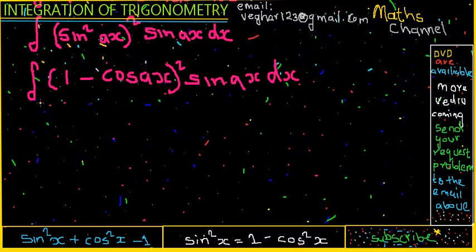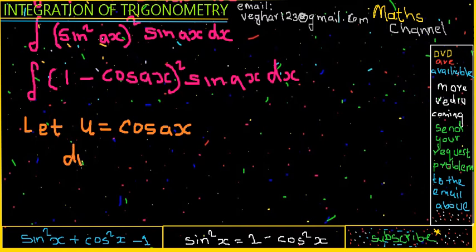So from here you let u substitution. So after letting u equal cos ax, you will derive u, say du.